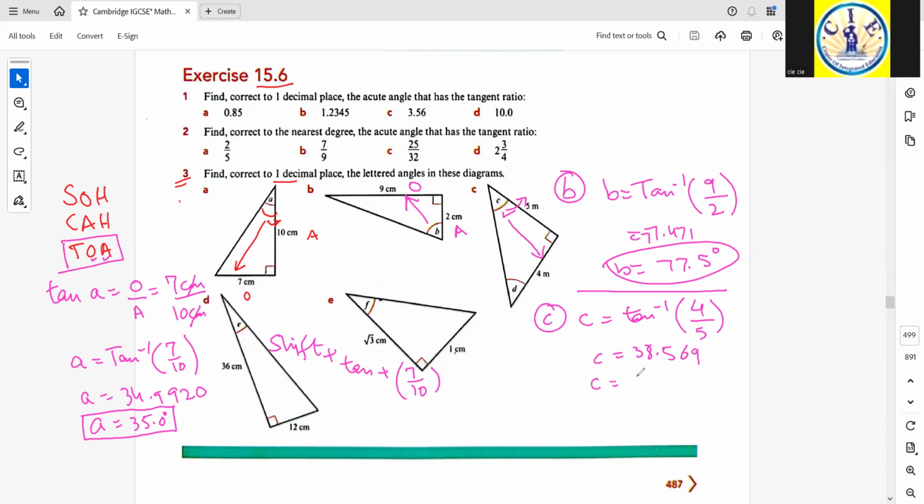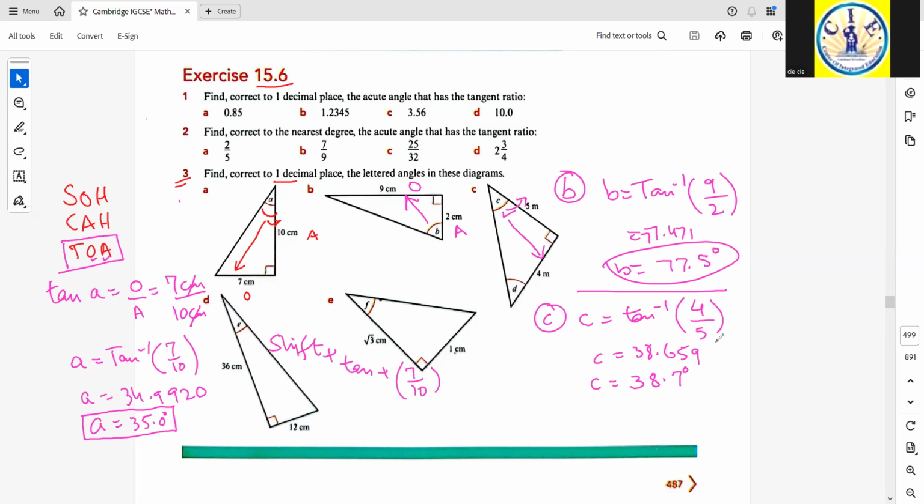So the angle to one decimal place is going to be 38.7 degrees.